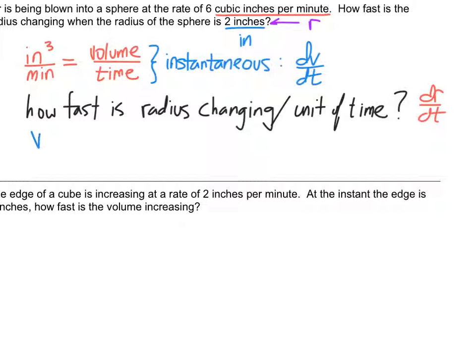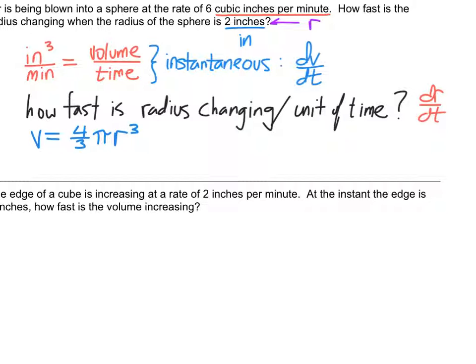So volume of a sphere is equal to 4/3 pi r cubed. Now I said I need a formula that relates volume and radius, but that's kind of misleading. What I really need is a formula that relates dV dt and dr dt, but I didn't think it made sense to start with that. Because if I have this equation, I can take its derivative and get these values.